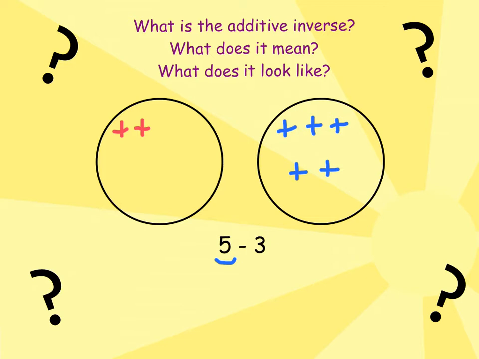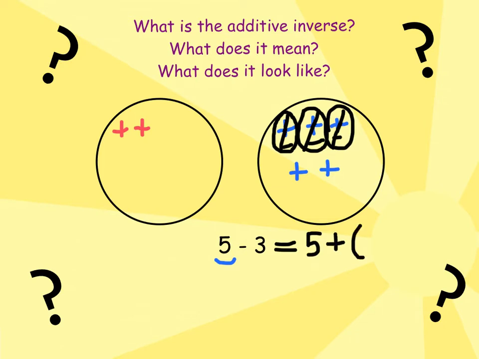Well, we could add 2 negatives to our bubble, and then when we pair them up, positive and negative, we end up with 2 positives left over. And so you end up with the same thing. So 5 minus 3 is the exact same thing as saying we take 5 positive signs and then add 3 negatives. This is called the additive inverse.